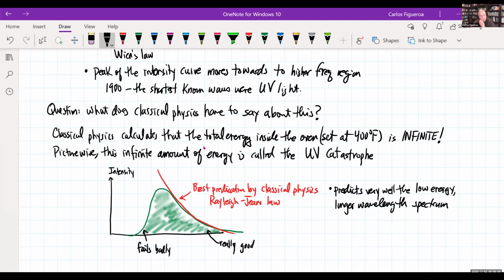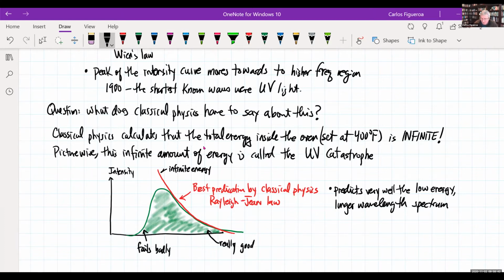So the question is, why? There's the infinite energy right here. The reason they call it the ultraviolet catastrophe is that at that time, ultraviolet was the shortest wavelength they knew about. So they just said that as you go towards the ultraviolet, you get an infinite amount of energy.